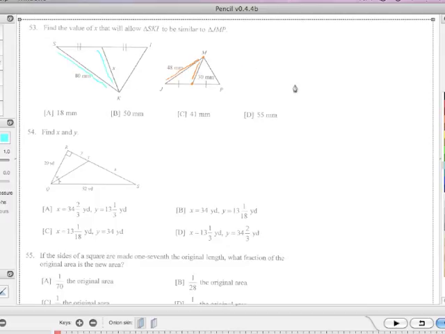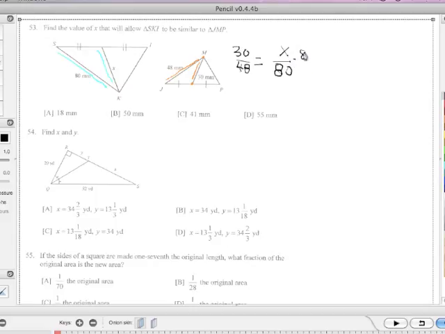So that's 30 to 48 is equal to x to 80. And okay, here we are with our algebra again.